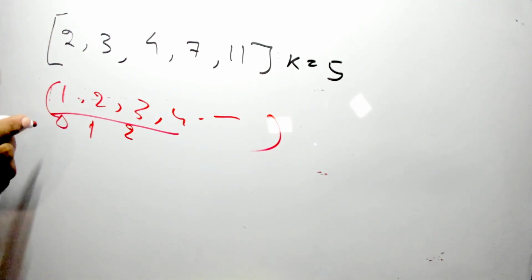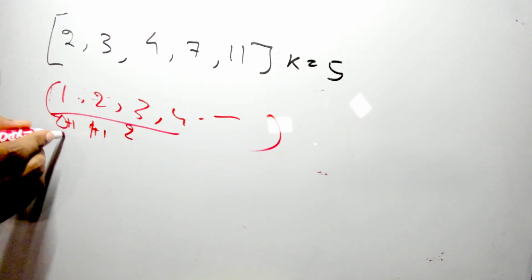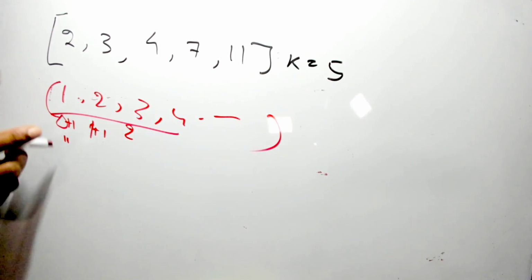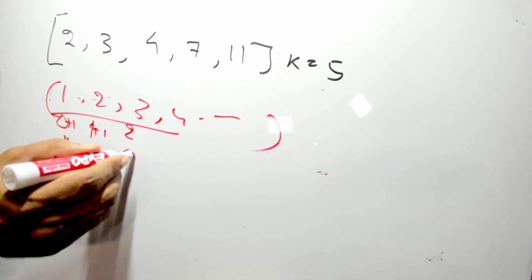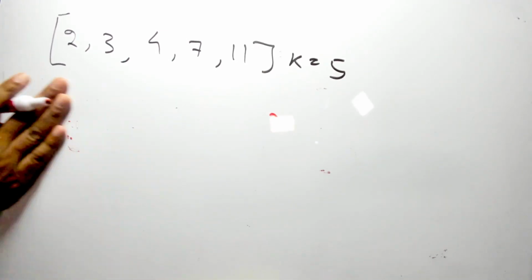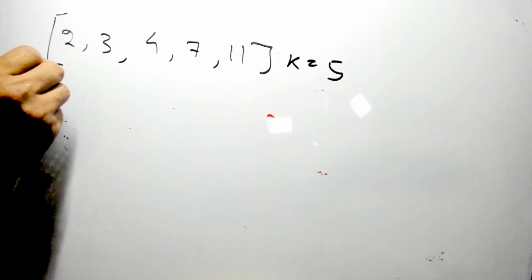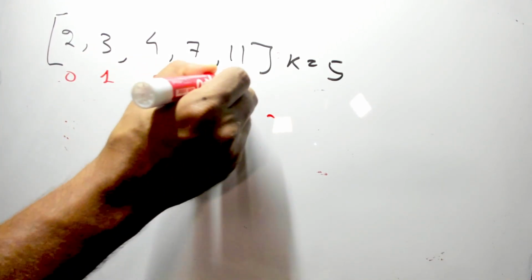So if you add 1 to the index and then subtract, we get the number of missing numbers. Because it is a continuous array without any missing, we're going to get only zeros. Using the same formula, let's write down the indices 0, 1, 2, 3, and 4.